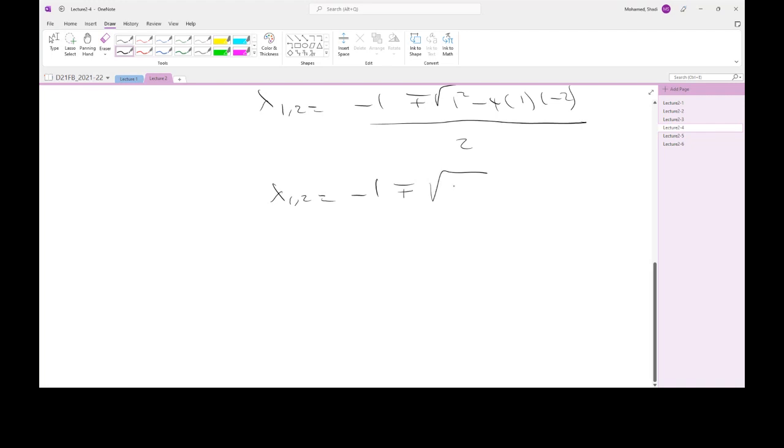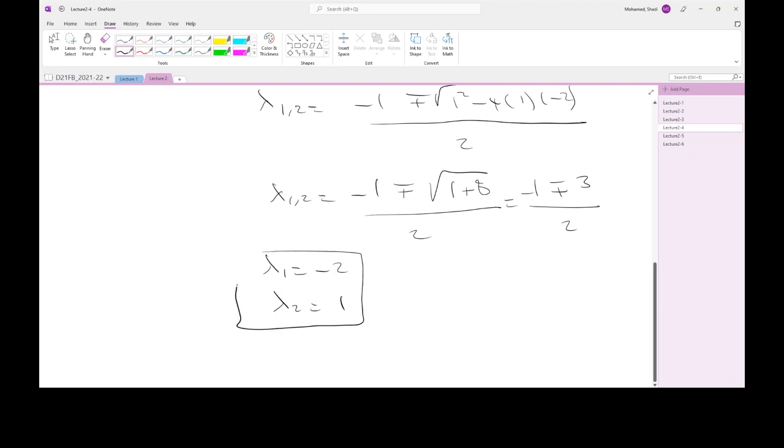So under the square root, I have 1 added to 8, divided by 2. So this is basically minus 1 plus minus the square root of 9. The square root of 9 is 3. So it is minus 1 plus minus 3 divided by 2. So this will give me lambda 1 is equal to minus 4 divided by 2. It is minus 2. Lambda 2 is going to be minus 1 plus 3, this is 2 divided by 2, and it's going to be 1. So these are the eigenvalues.